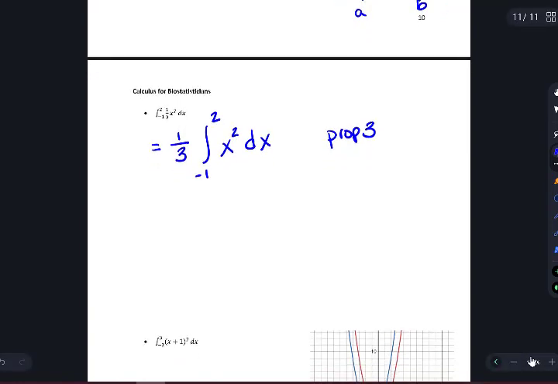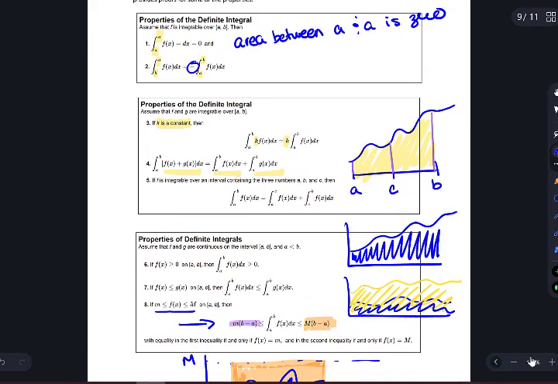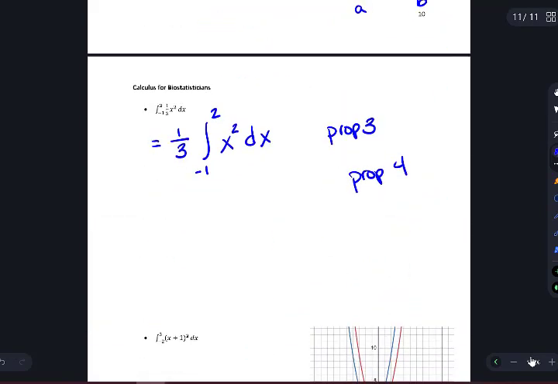So the next thing we could do is apply property 4. Remember that property 4 said if you're interested in integrating from a to b, you can break that into 2 parts. So this is going to be equal to 1/3 times the integral from -1 to 0 of x squared dx plus the integral from 0 to 2 of x squared dx.